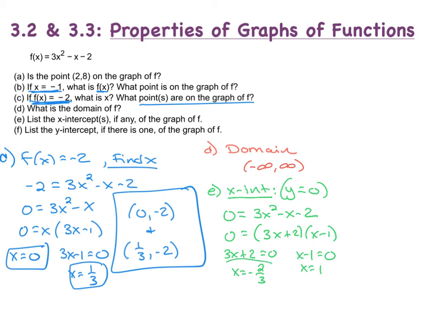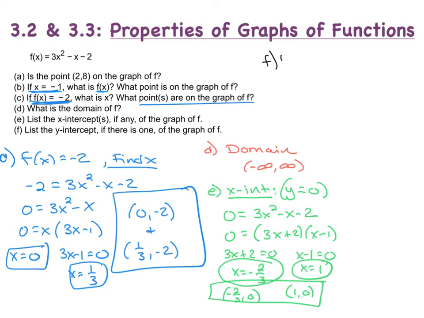So we can list these as our x-intercepts. If we had to put them in ordered pair form, it'd be (-2/3, 0) and (1, 0). Just depends on how they want us to write them. Now, I normally wouldn't smush quite so much, but I think we can fit this right up here. It says list the y-intercept, if there is one, of the graph of f.